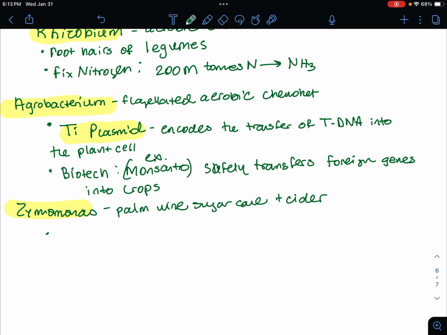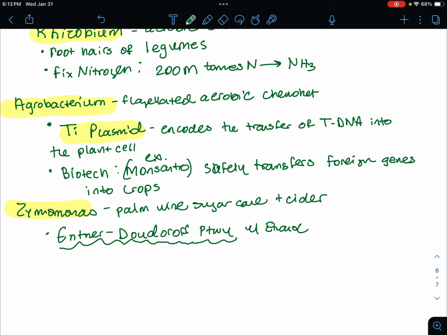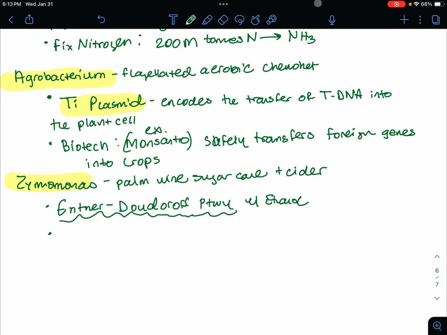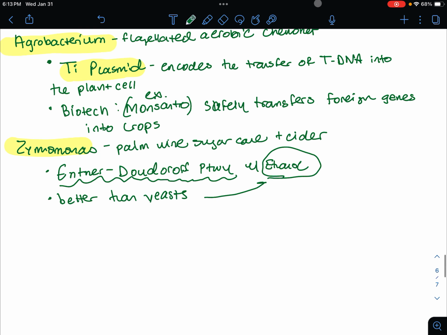They're going to be using the Entner-Doudoroff pathway with ethanol as their fermentation. So I'm just going to probably underline that. They're going to be better than yeast in large-scale ethanol production. Again, for that ethanol production, you need to think about profit here and cost effectiveness.